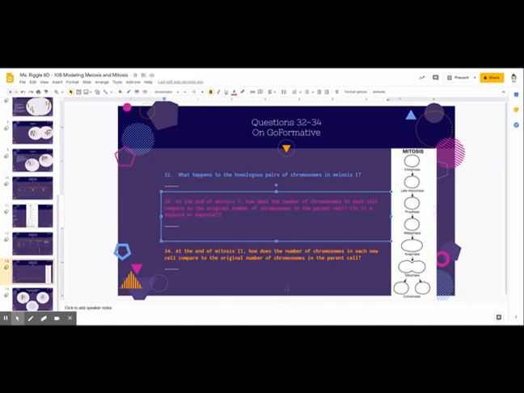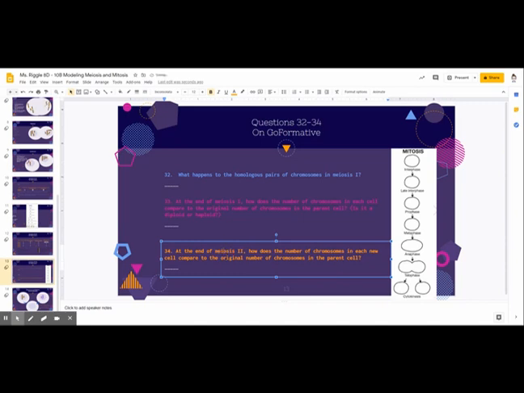Number 34. At the end of mitosis 2, how does the number of chromosomes in each new cell compare to the original number of chromosomes in the parent cell? So at the very, very end of this meiosis process, that should say meiosis 2. Please make that correction on yours.